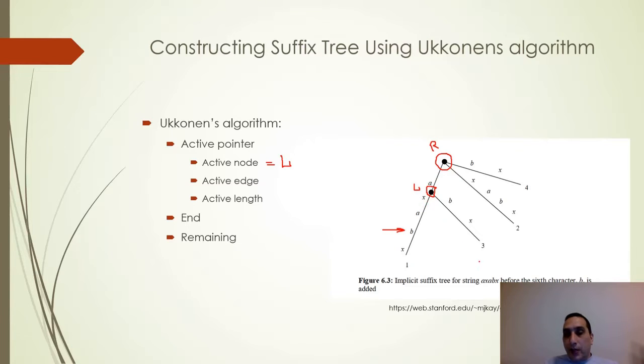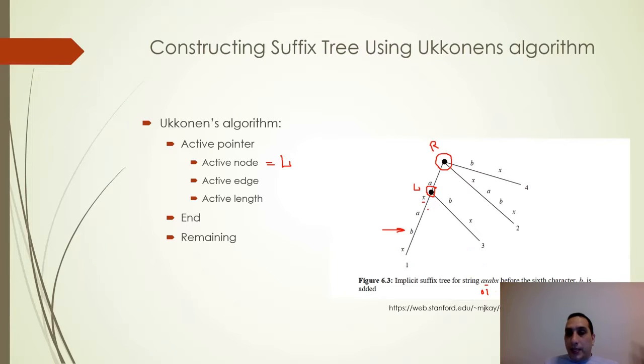So for example, X in the string for this tree, the string is AXABX. X is the second character. But if we label the first character as 0, so A we'll give it 0, X is 1, A is 2, B is 3, and so forth.